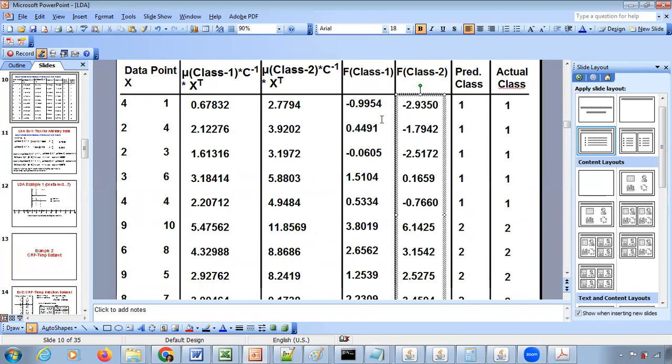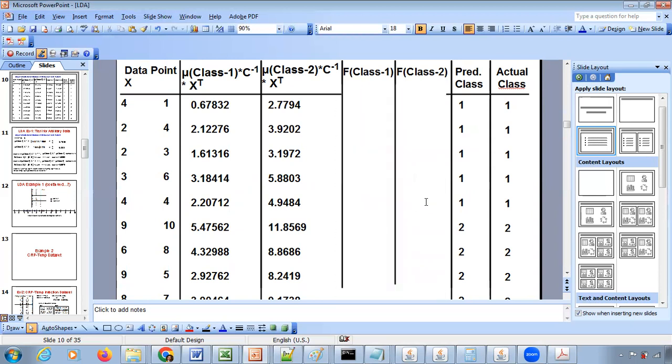And as I said before, for negative numbers, the smaller value with the negative sign is the largest. So this is the larger, and this corresponds to class 1. So the predicted class is also class 1. Between these two numbers, this is largest, so again class 1. Again, between these two numbers, both are negative, this is the larger value. So that's class 1, and this is again class 1.